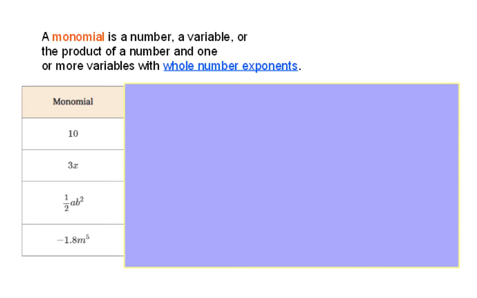So back to that definition of monomial. A monomial is a number, a variable, or the product of a number and one or more variables with whole number exponents. These are all monomials. So if we look at y, 10 is a number. When we say 10, that's the same as saying 10x to the 0 power. Anything to the 0 power is 1. 3x, same as saying 3x to the first, so it satisfies that condition of having whole number exponents.